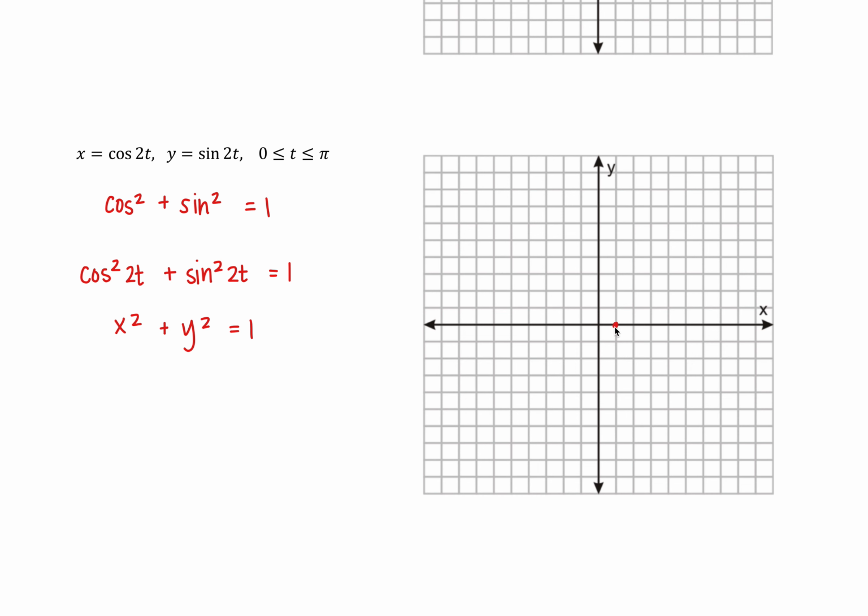So it's going to start here, and it's going to follow the circle all the way up until t equals pi. Well, that's going to end up being a complete circle because if we were to plug in pi for t, x would be cosine of 2 pi, which is 1. y is sine of 2 pi, which is 0. So we're going to end where we started. So this is going to be a full circle.